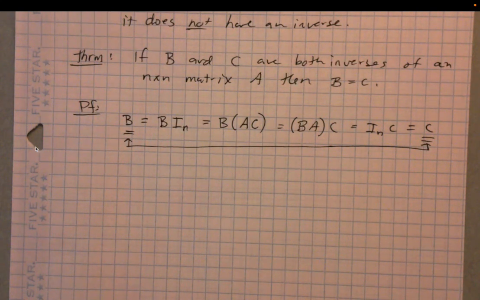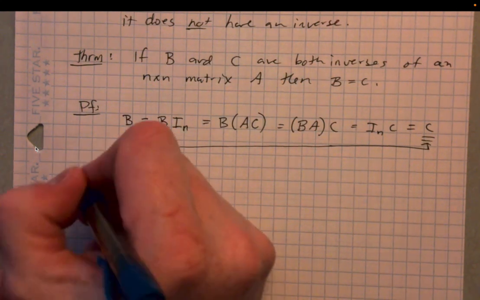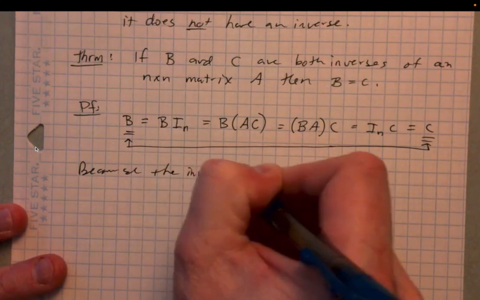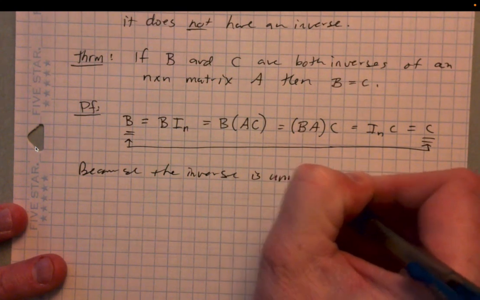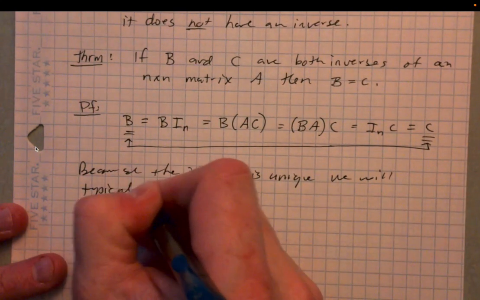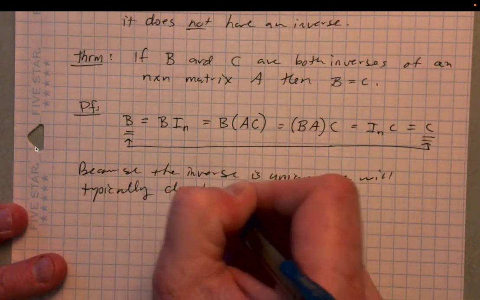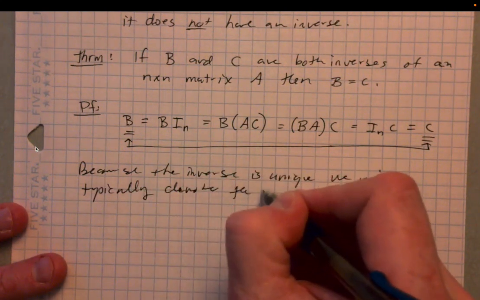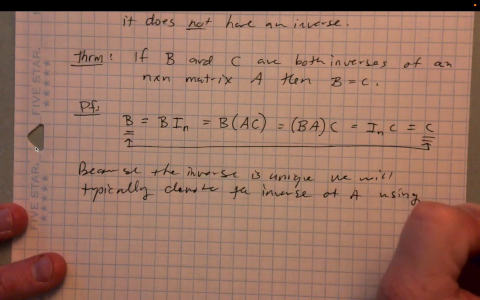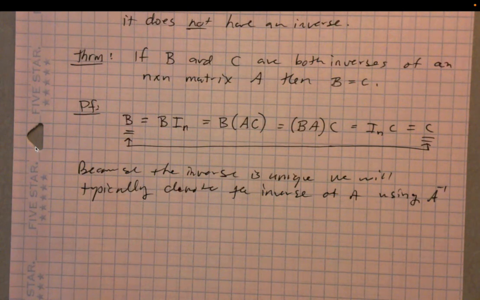And so given the fact that the matrix inverse is unique, we will typically denote the inverse of A using A inverse, like that.